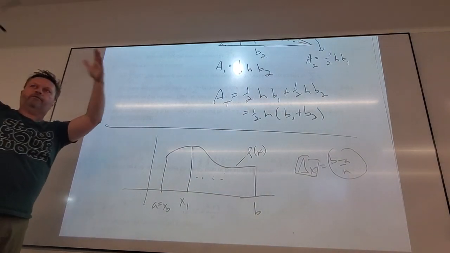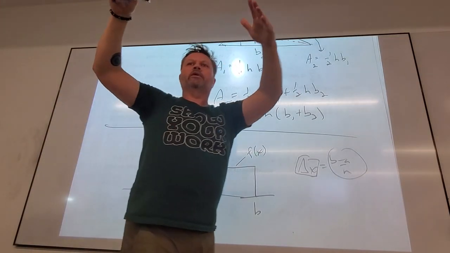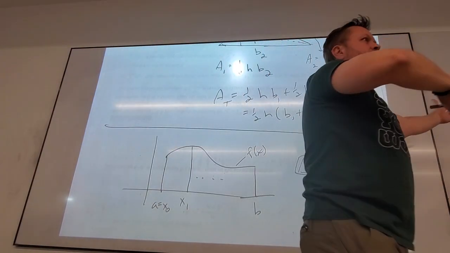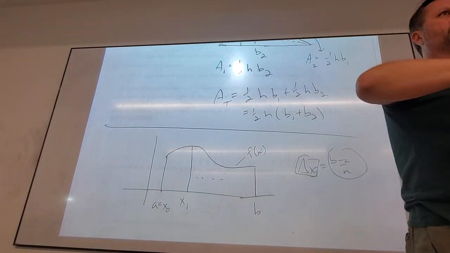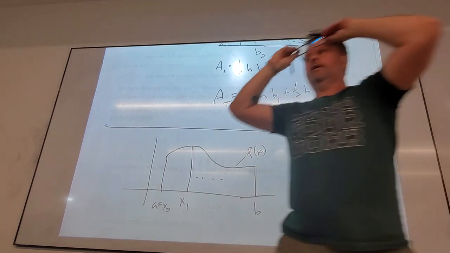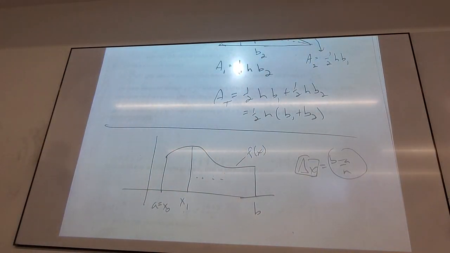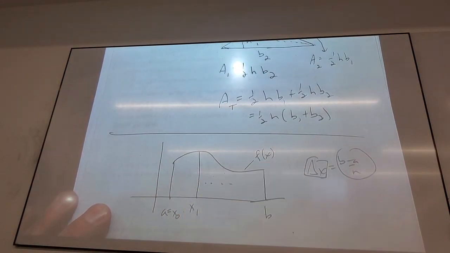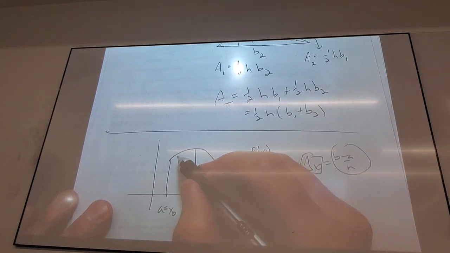So I want to focus on that first section, because whatever I do for it, I'm just going to repeat that same idea, the same way we did with rectangles. Now, do you see how this curve is not very extreme? So do you see how the trapezoid actually fits it better?